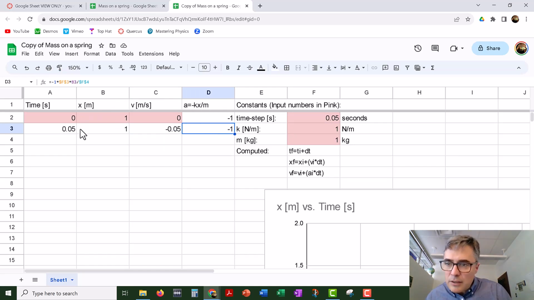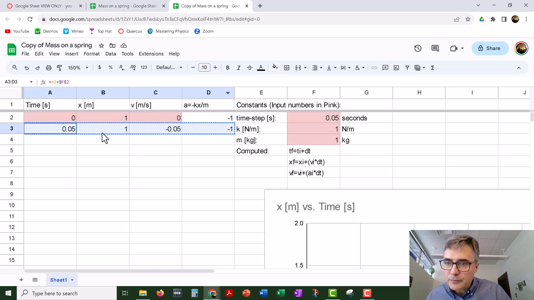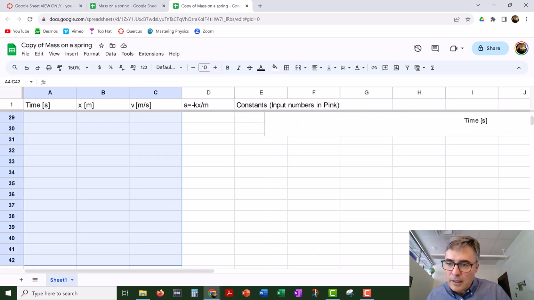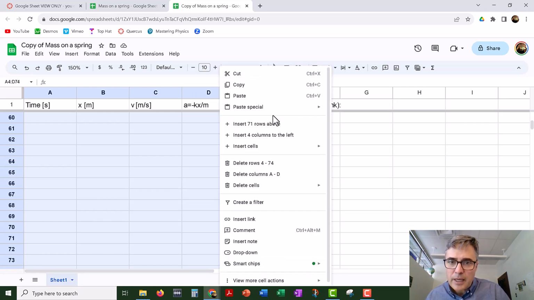So what I can do now, if I want to make a plot of this, is I can select these cells, copy them, and then paste them down below. We can do maybe a bunch of steps here, and then press paste.